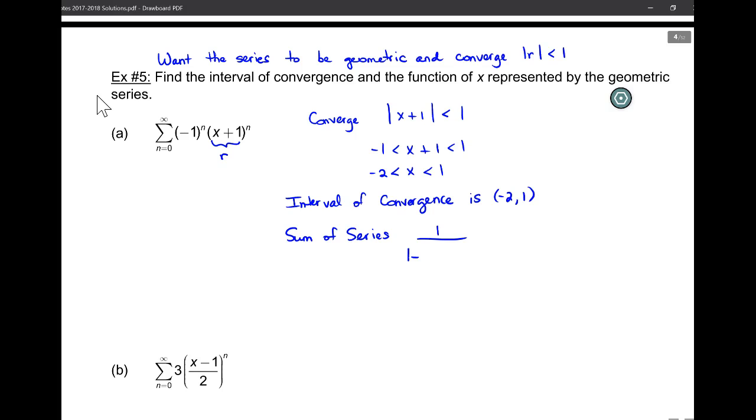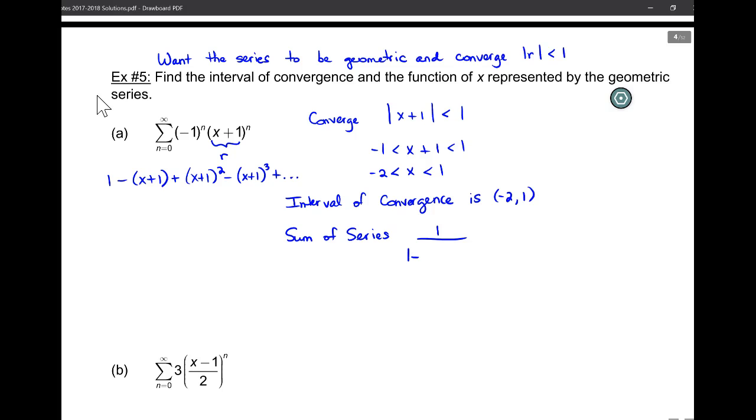If we look at the first term, this is actually going to be, let me write it out here. So it's going to be 1, and then when n equals 1, we're going to get a minus x plus 1. And then when n equals 2, it's going to be plus, and then x plus 1 squared, and then minus, and then x plus 1 to the third, and so on.